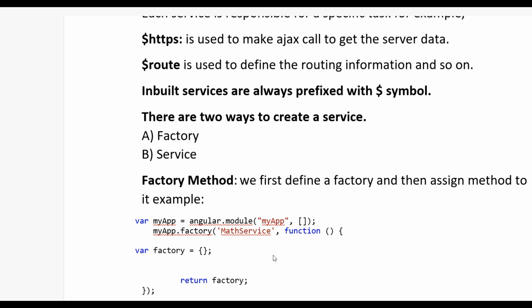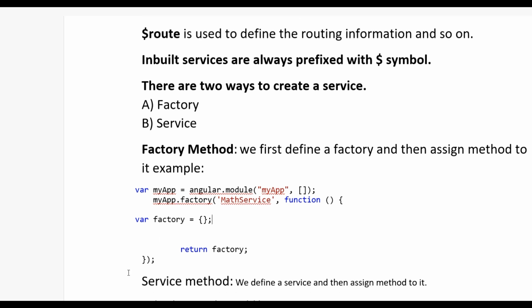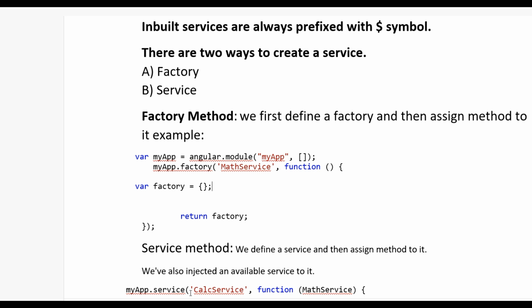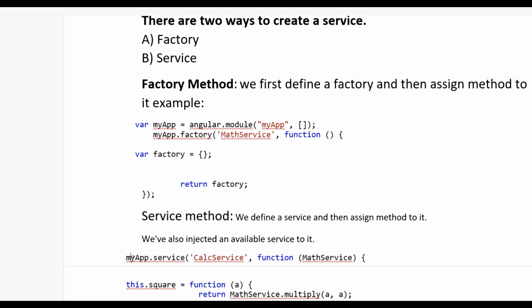Now come to the second point, the service method. How do we define a service method? See here. Already I've defined myApp, a variable, myApp.service, service name CalcService, and comma, function with MathService. This is injectable.